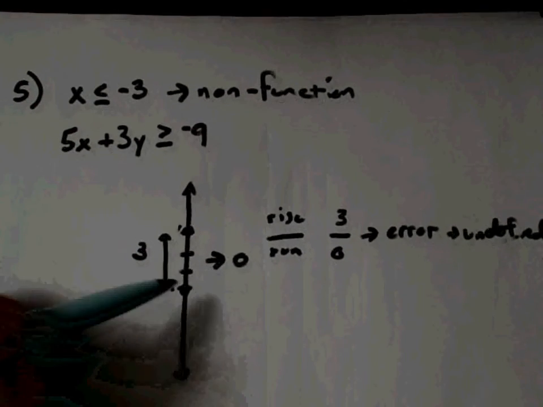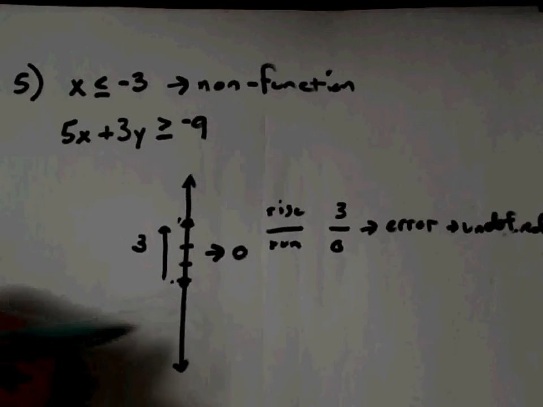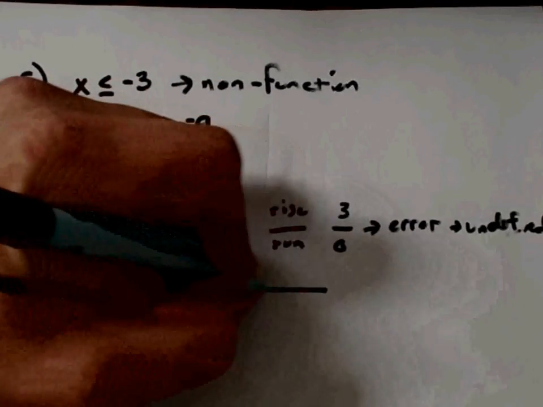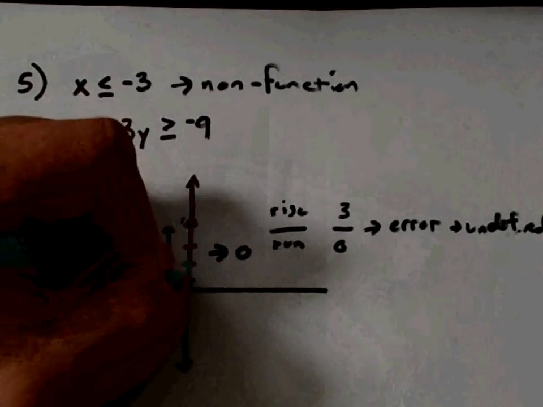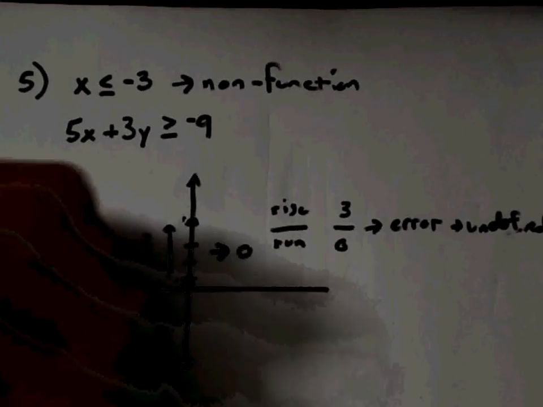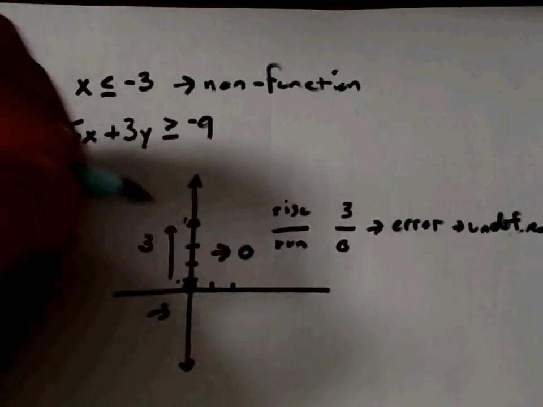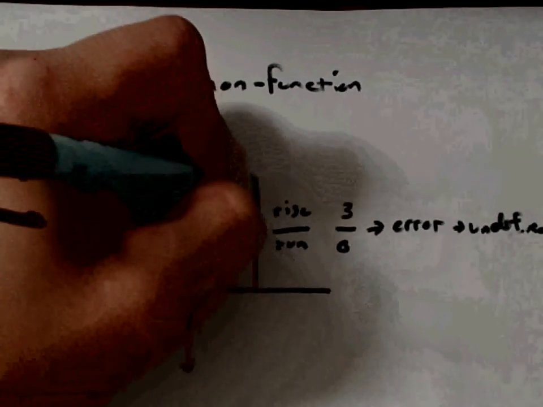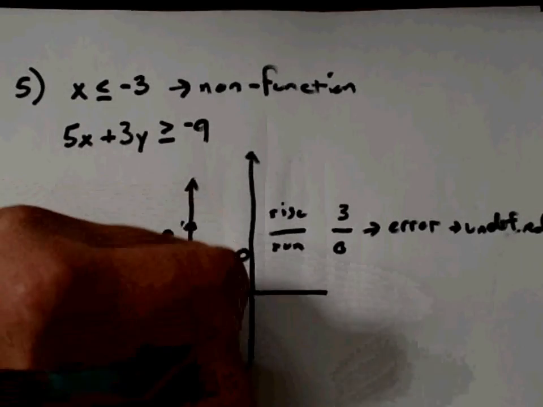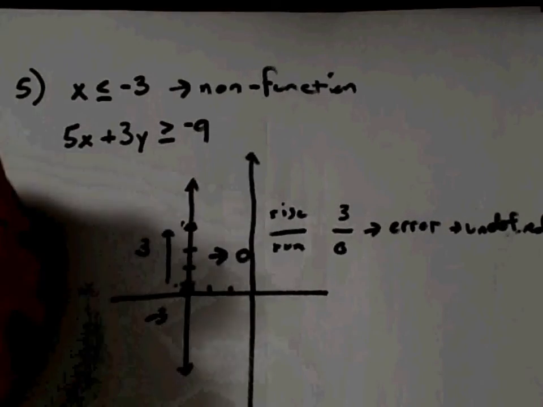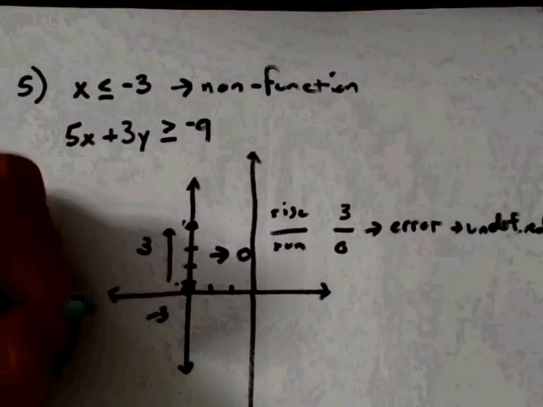So I'm going to take this vertical line and say that it crosses right there at -3. So that's my -3. This will be -2, -1. That represents my y-axis. There's my y-axis. And there's my x-axis.